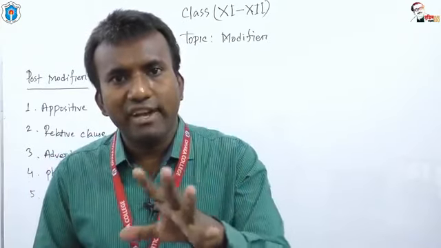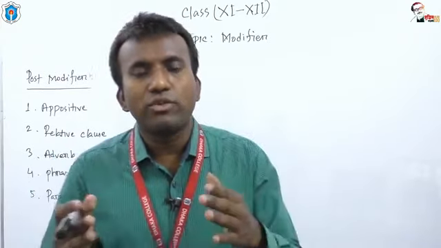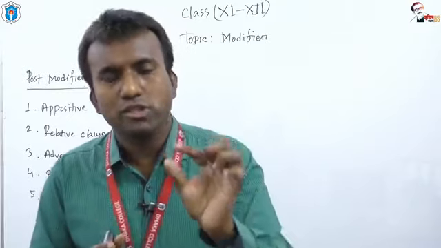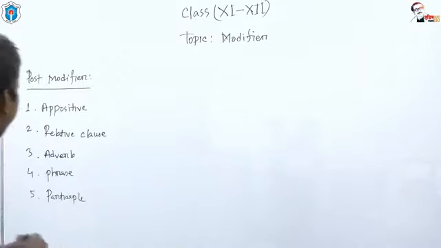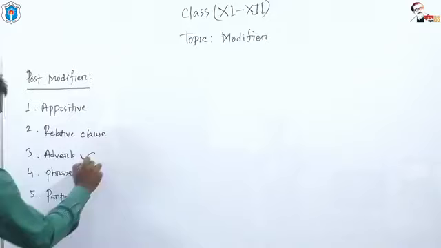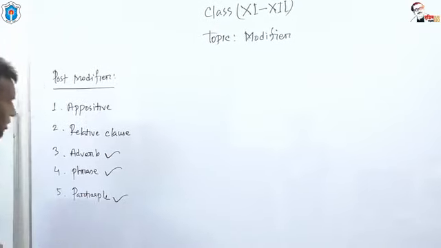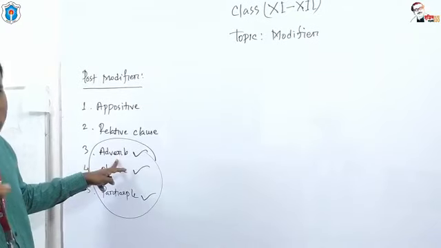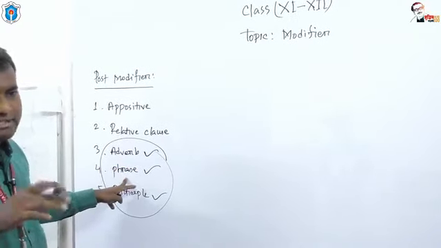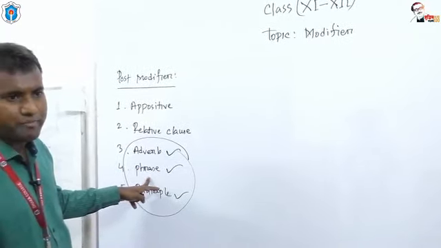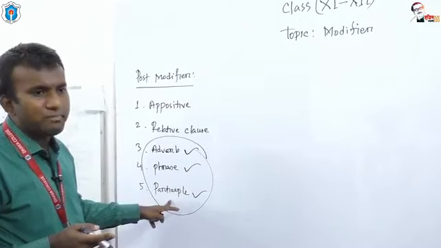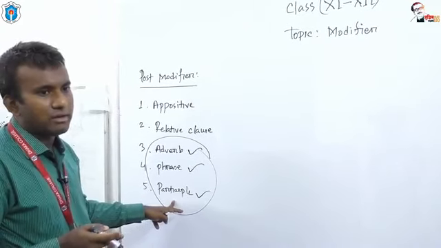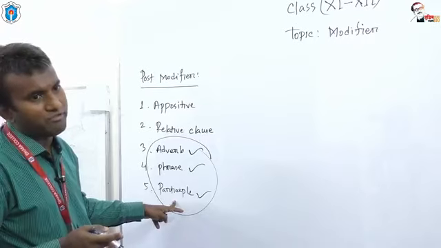From these 11 grammatical items, 3 are common in post-modifier also. They are adverb, phrase and participle. Adverb can be both pre-modifier and post-modifier. Phrase can be pre-modifier and post-modifier. And participle can be pre-modifier and post-modifier.